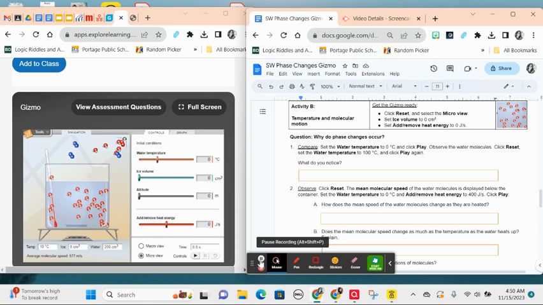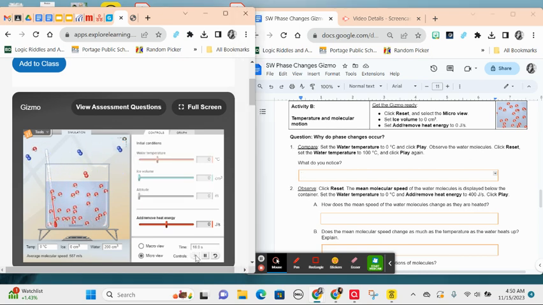Okay. The question is, why do phase changes occur? We've set our water temperature to 0, and we'll click play, and we're going to observe the water molecules. Then we'll click reset. We'll set the water temperature to 100 degrees. We'll click play again, and then we'll type in, what did we notice? All right, so clicking play. Going to observe water molecules.